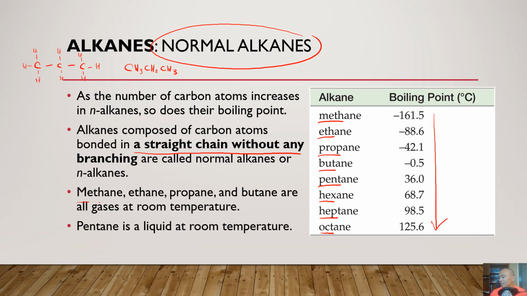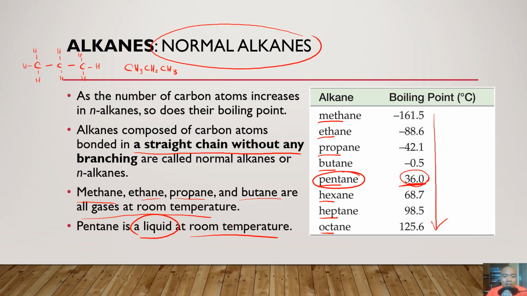So methane, ethane, propane, and butane are all gases at room temperature, but starting from pentane, it becomes a liquid because the boiling point is above room temperature, which is typically 25 degrees C. Pentane is a liquid at room temperature.